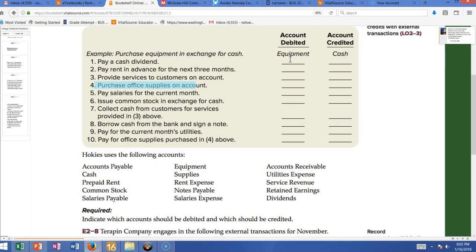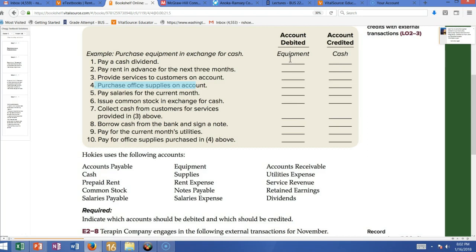Yeah. Pay salaries for the month. What 2 accounts are being used? Cash. Salaries expense. If it said pay salaries on account, or we owe salaries to the employees, then what would it be?